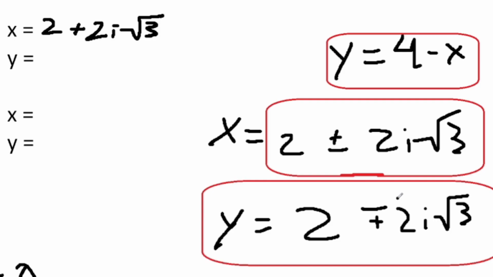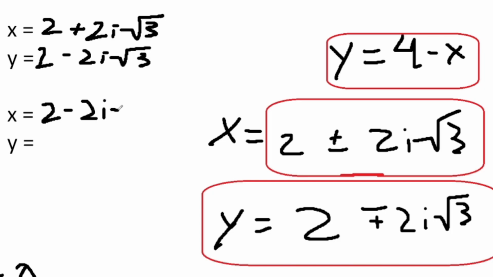That's what this symbol is for. It's to show this is a negative value. So we have 2 minus 2i root 3. And then for the opposite, when x is minus, y is plus. So x is 2 minus 2i root 3, and y is equal to 2 plus 2i root 3.